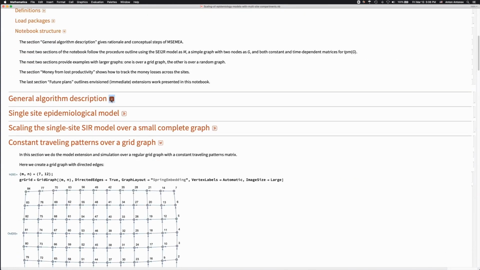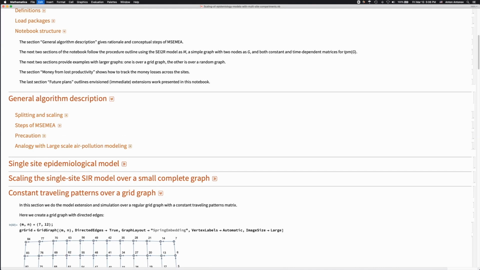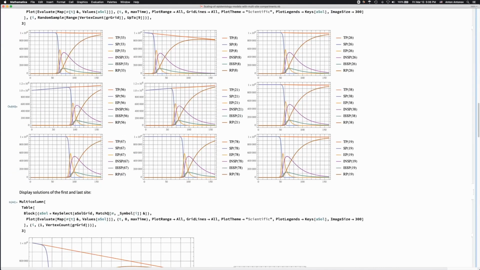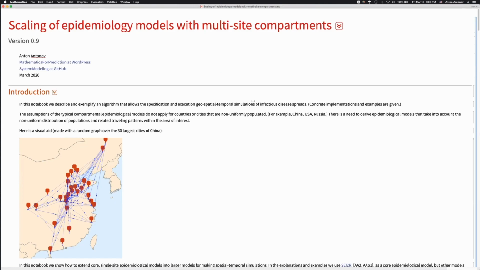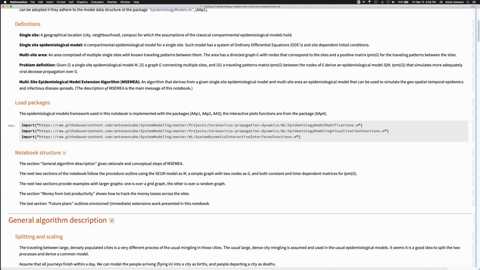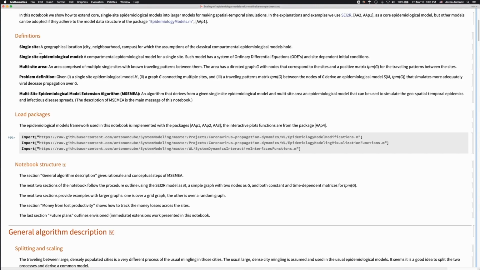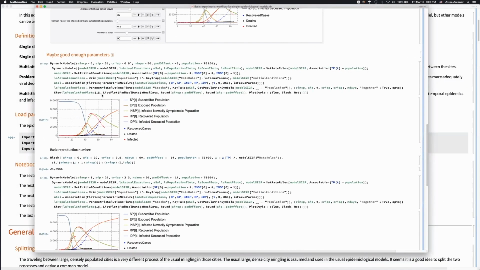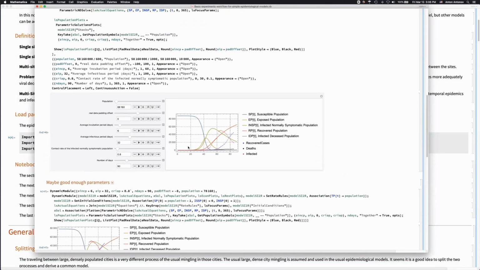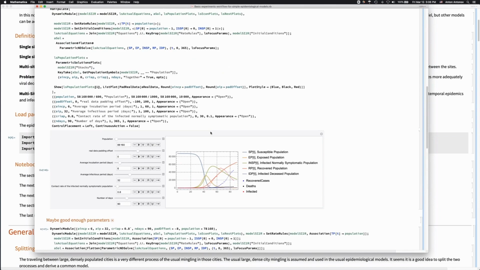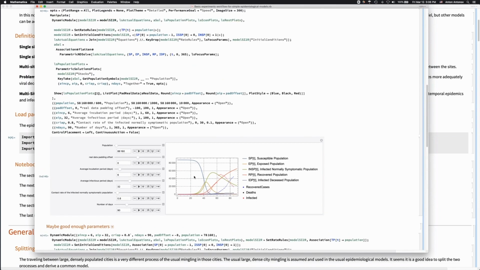It's fairly simple. I contracted the whole network. Let me expand all of it. First of all, before explaining the theoretical prerequisites, I would like to mention that there is a dictionary here. We have a single site. The single site is something we discussed yesterday. As a reminder, this is the type of models we have for a single site, and this is an attempt at doing a fitting.